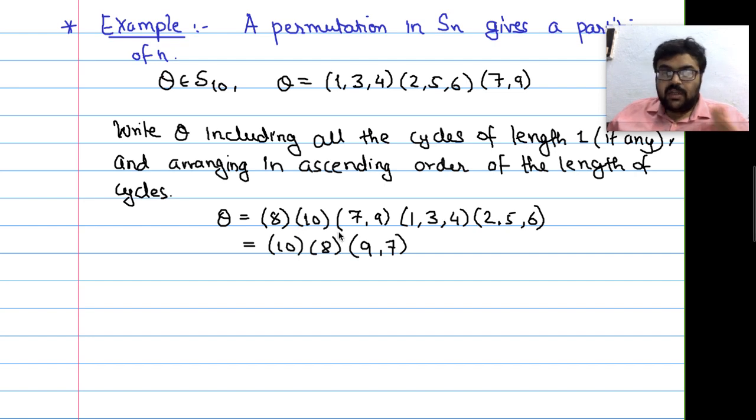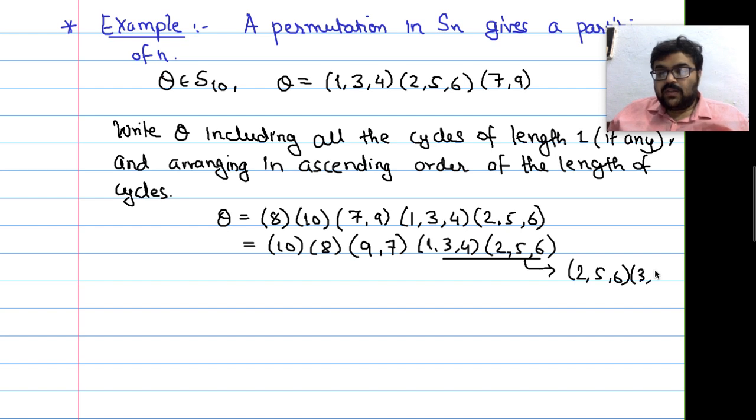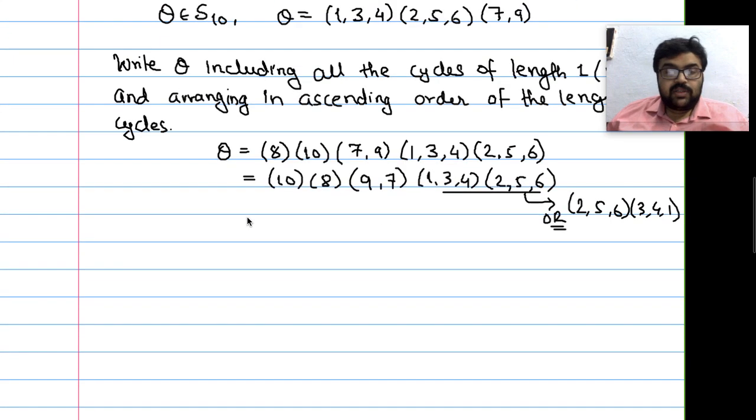We can change the 1 cycles, but we are writing in ascending order. And this also we can change. We could have written (2 5 6) before and (1 3 4) afterwards, an equivalent way, that we have all seen. So let me keep it as it is, or we can write (2 5 6) and then (1 3 4) as (3 4 1). Any such representation is fine.